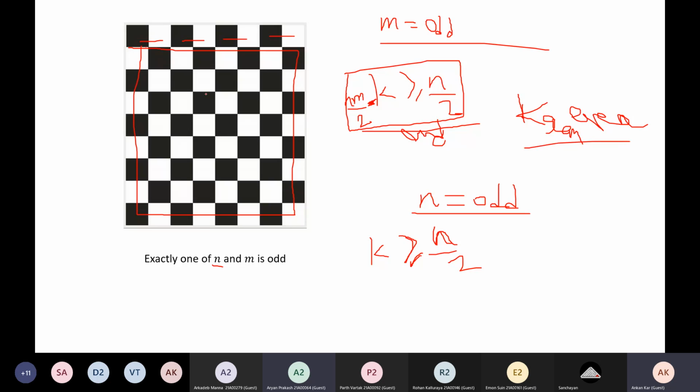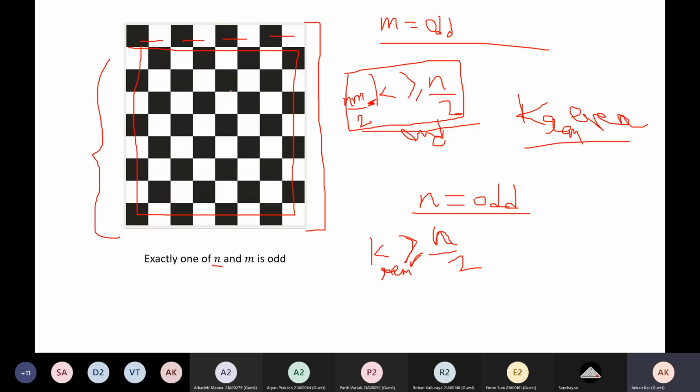Sir, can you please repeat how you got nm by 2 minus k is greater than or equal to n by 2? The inequality, I mean. For m odd, you have to put k vertical dominoes. nm by 2 is the total number of dominoes, and you have to put vertical dominoes such that one row is totally covered.